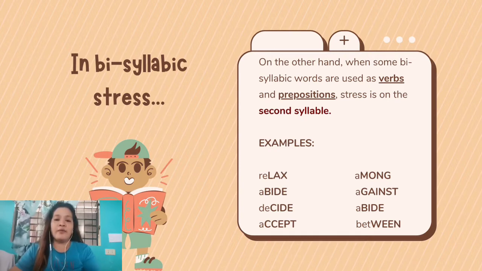Only verbs and prepositions are stressed on the second syllable. Examples are relax, abide, accept, decide, among, against, permit, between.